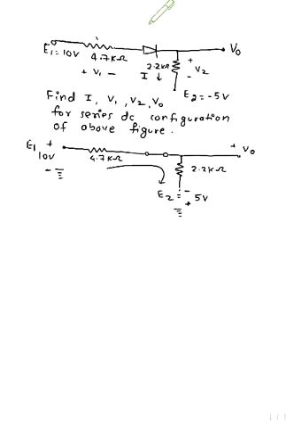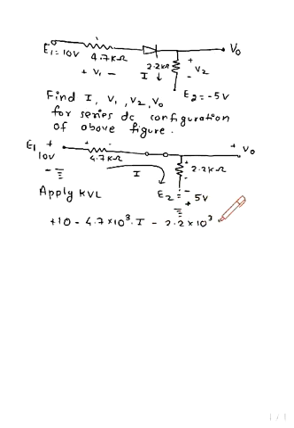Applying KVL, the polarity goes from negative to positive, so it is plus 10, then positive to negative across 4.7 kilo ohm with current I, so minus 4.7 into 10 raised to 3 into I. Again the polarity is positive to negative, a fall, so minus 2.2 into 10 raised to 3 into I. Here the polarity changes from negative to positive, so it is a rise in voltage, plus 5, and that is equal to 0.